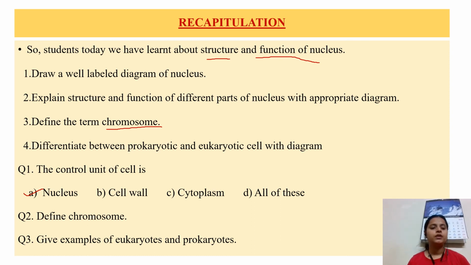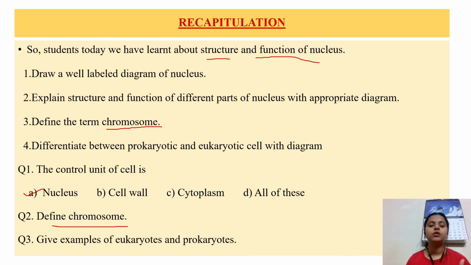Question 2 is define chromosomes. Try to define the chromosome. Tell me what are chromosomes? Chromosomes are thread-like structures present inside the nucleus. Very good. Next, give examples of eukaryotes and prokaryotes. You have to write this answer in the chat box.